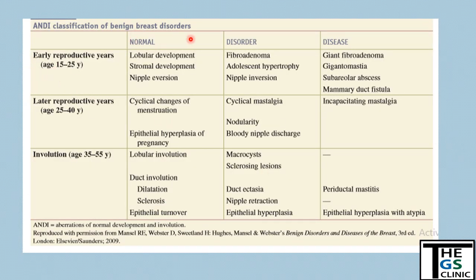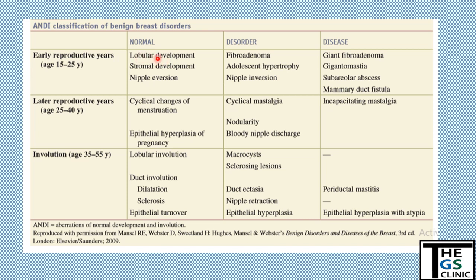This table will show us the classification of the ANDI conditions. Starting from the normal conditions, disorders, or even diseases, we can divide our patients into three categories: those between 15 and 25, the young patients; those between 25 and 40, the middle group; and the group between 35 and menopause, which is the premenopausal group.